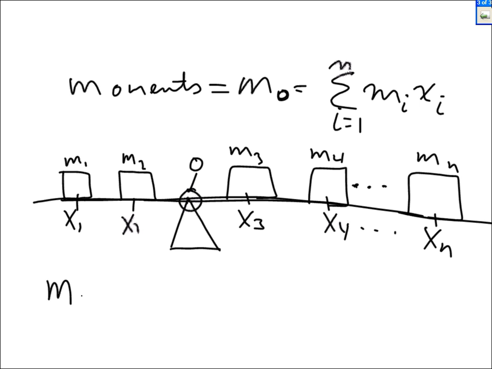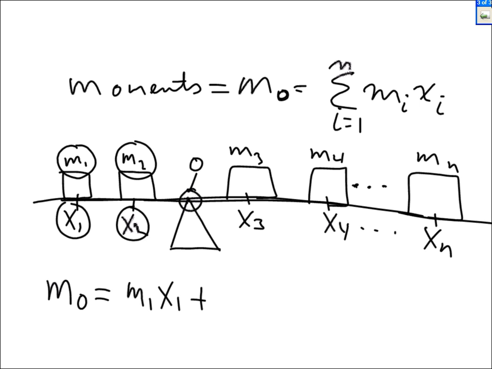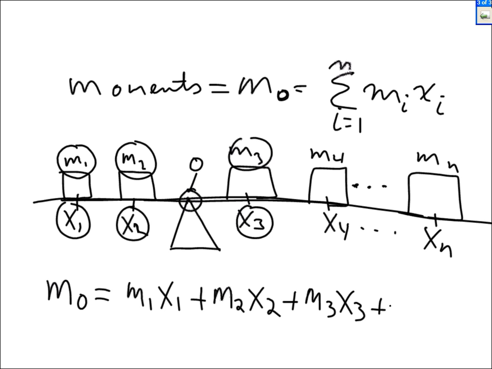Now, the moment is very easy to calculate. You multiply the mass by the position. It's at x sub 1. It's m1 x1 plus the mass times the distance from the fulcrum, m2 x2, plus m3 x3, and so on, including m4 times x4, all the way up to mn times xn.